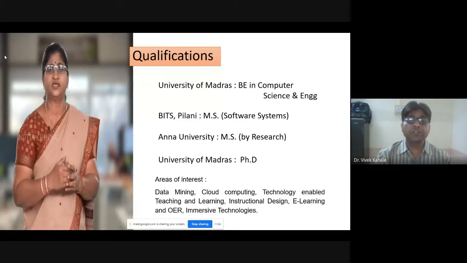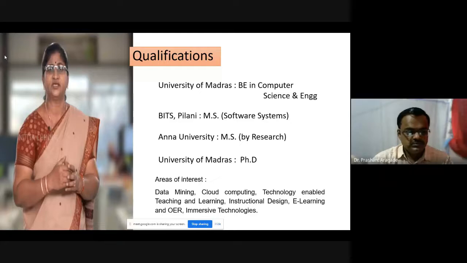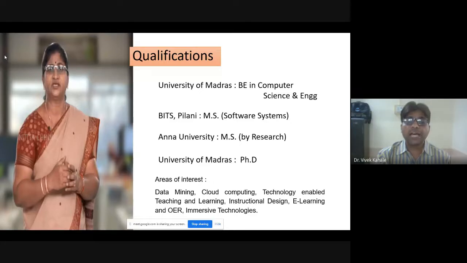At the University of Madras, she completed her Doctor of Philosophy. Her areas of interest are data mining, cloud computing, technology-enabled teaching and learning, instructional design, e-learning, and OER, as well as immersive technology.